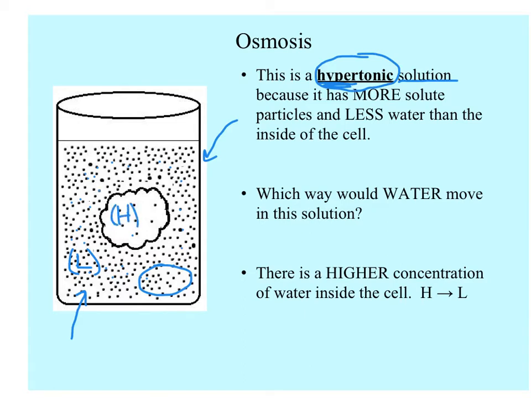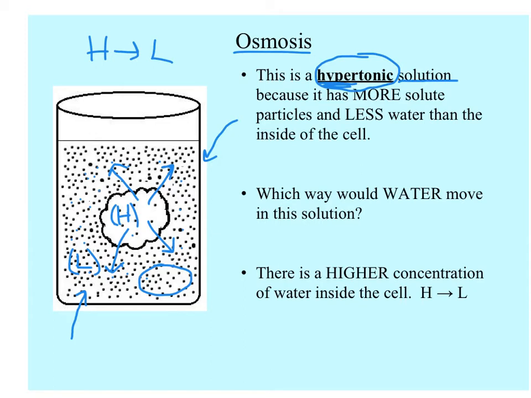And we all know that in diffusion and in osmosis, everything wants to go from high concentration to low concentration. And even though there's a lot of dots outside, that means there's less water outside. So in this case, water is going to want to move from high to low concentration of water. And water will move out of the cell and into the solution.